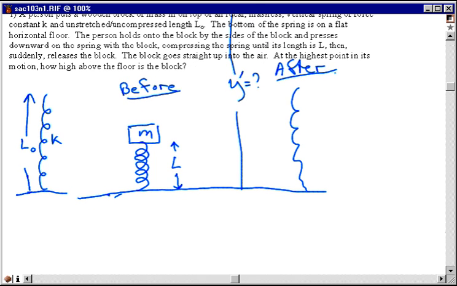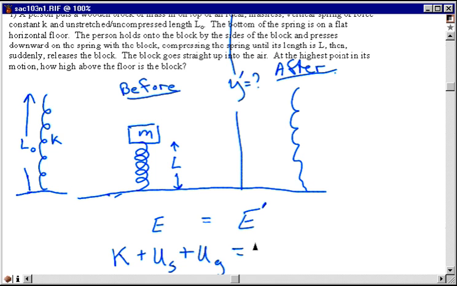And let's try writing the energy before is equal to the energy after. Break that up into kinetic energy plus potential energy stored in the spring plus gravitational potential energy.